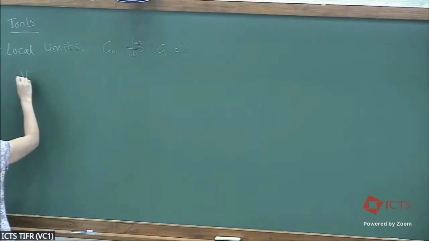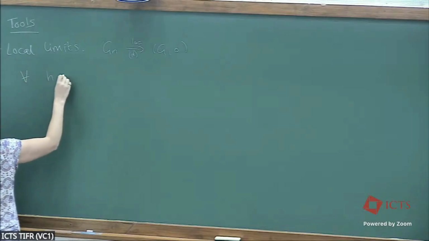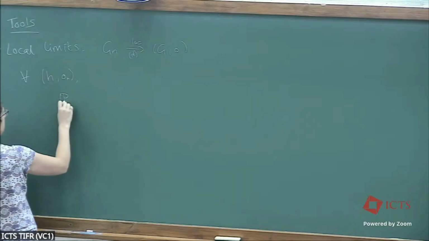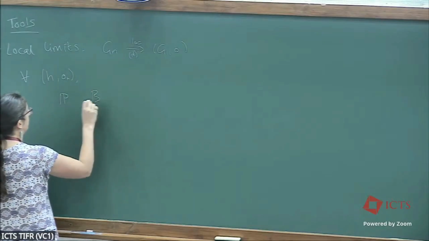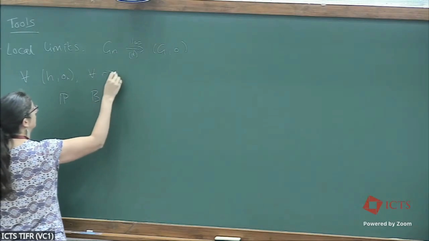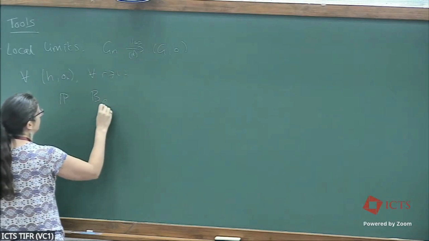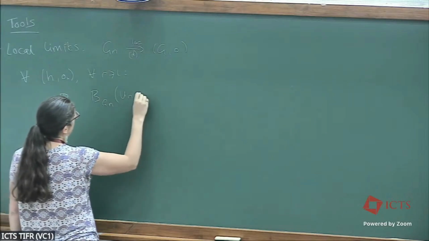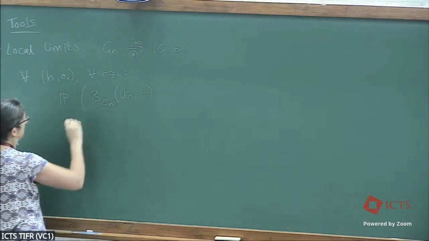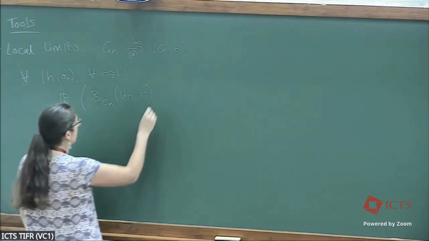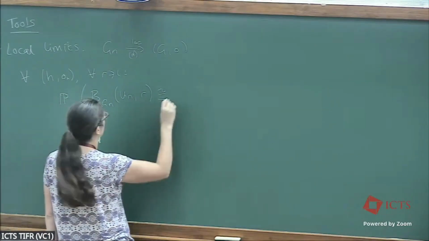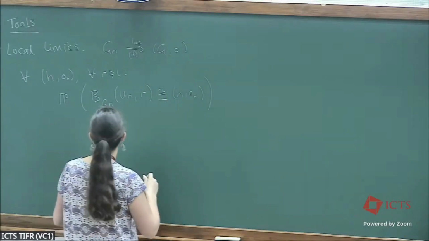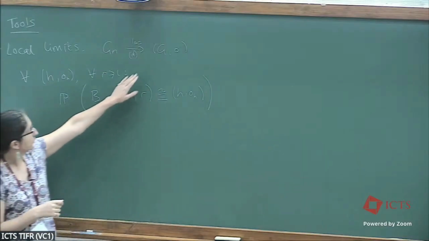So for all, let's say, H rooted, the probability in this graph, and also for all R, that the ball of radius R around a uniform point, so it's telling you about typical neighborhoods, is isomorphic to this rooted graph, should converge to the same probability, but with this limiting graph.